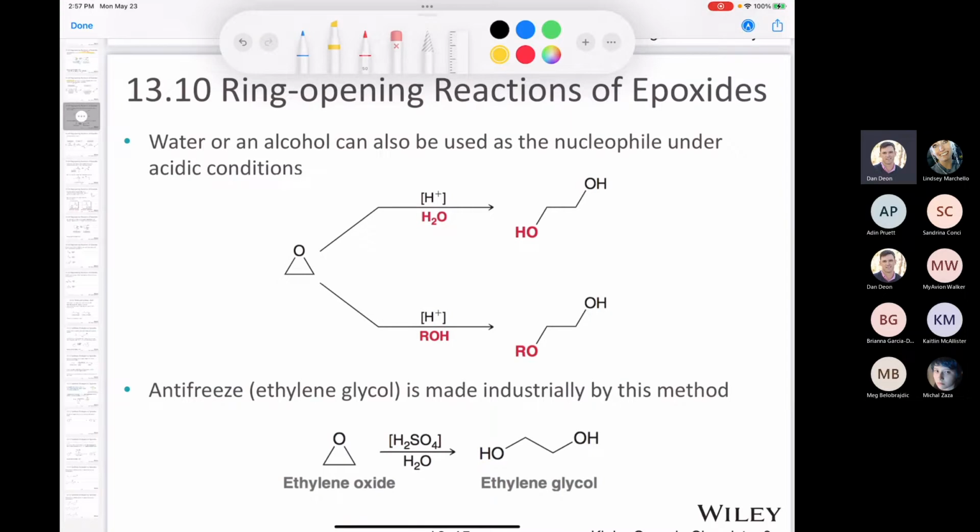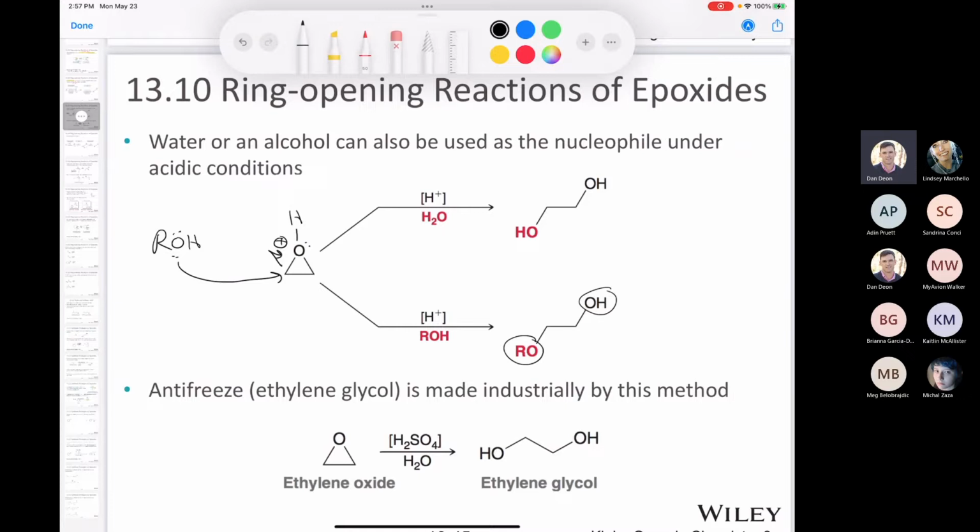If water is your nucleophile, after you do the proton transfer and make your oxonium, it's going to come in and attack, and you're going to end up with a diol. However, if your nucleophile is an alcohol, ROH, in that case, it's going to do the nucleophilic attack, and you're going to end up with an ether and an alcohol in the same molecule.